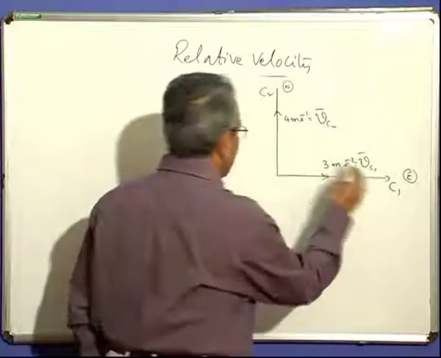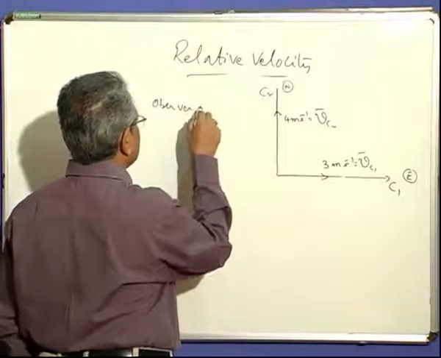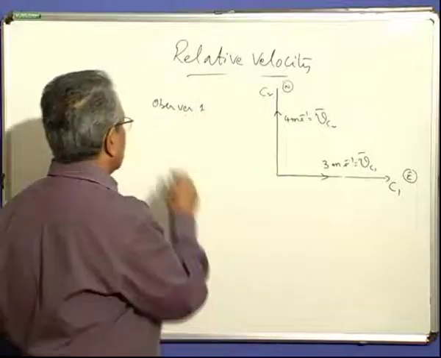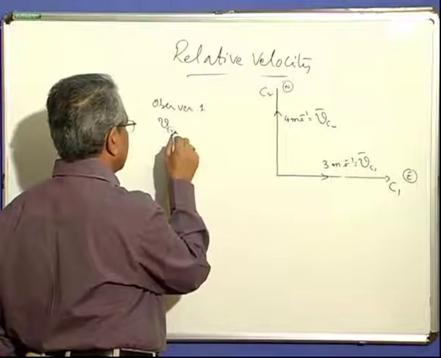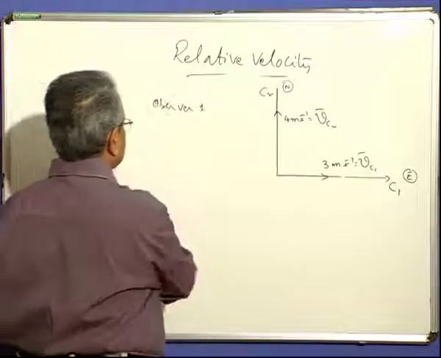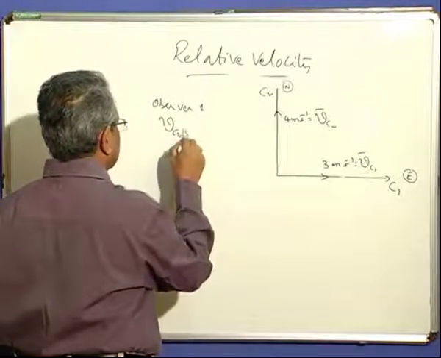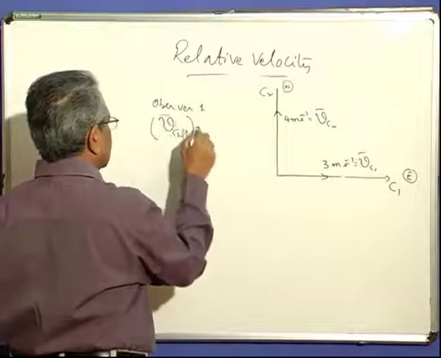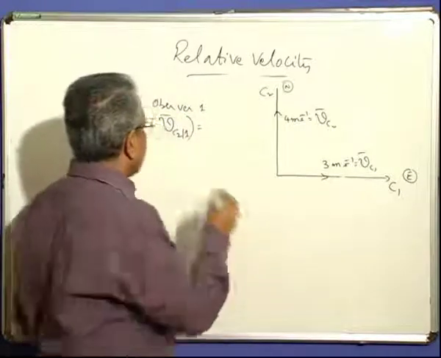So now suppose the observer is observer 1. Velocity of C2 with respect to observer 1 we want now. Second car with respect to observer 1 we want, suppose. This is according to our notation what we said.